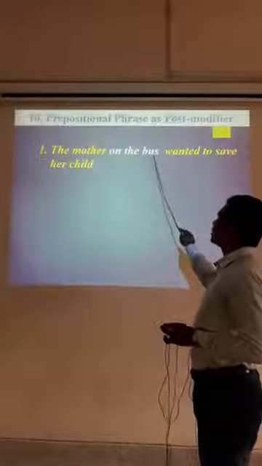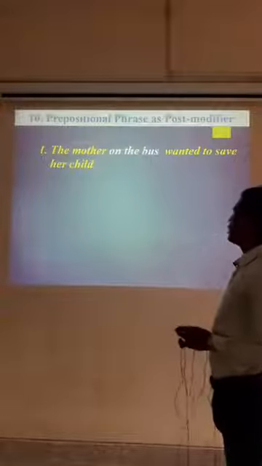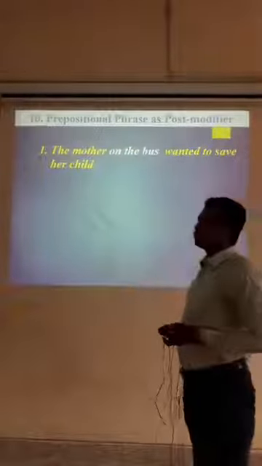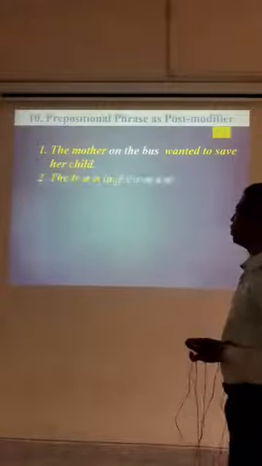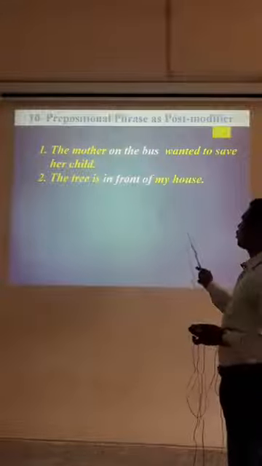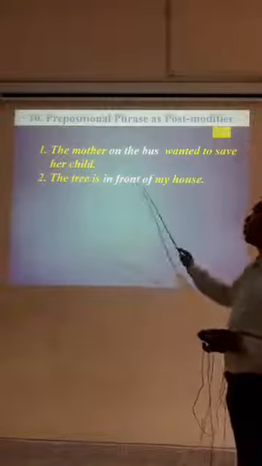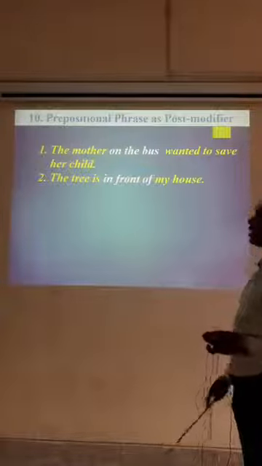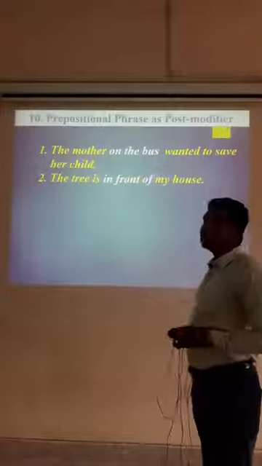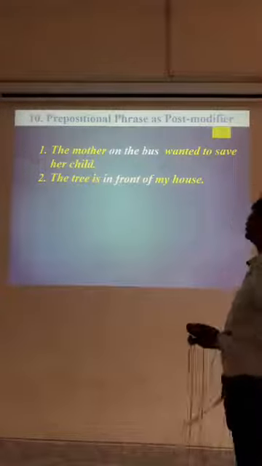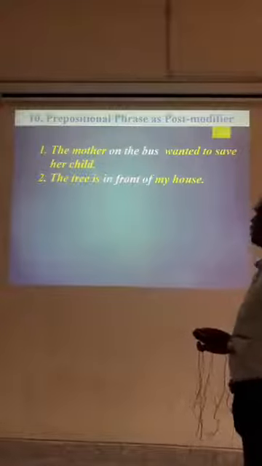On the bus is a prepositional phrase sitting after mother, post modifying the mother, so it is used there as post modifier. Number 2, the tree in front of my house. In front of my house is used there as post modifier. It post modifies the word the tree, sitting after the word the tree.